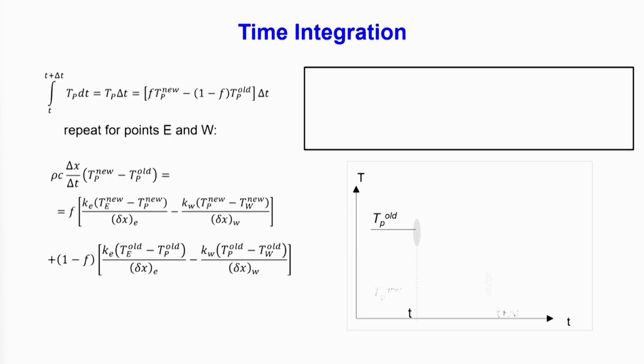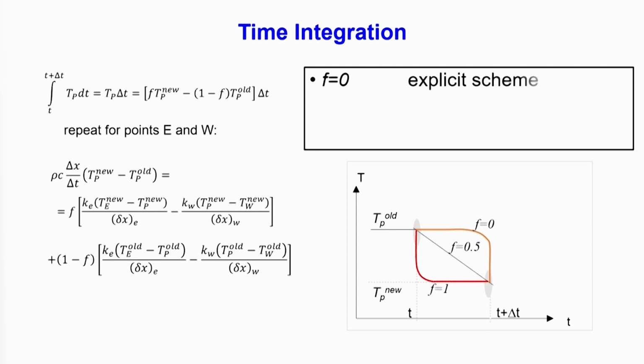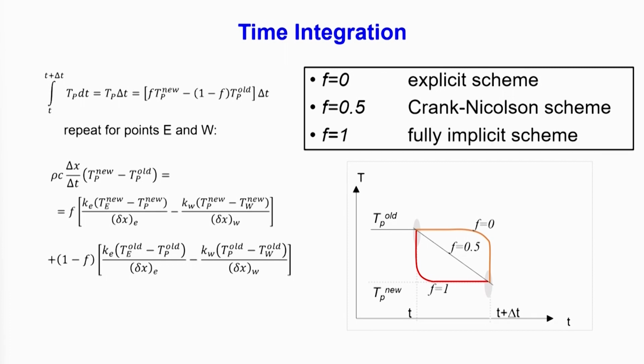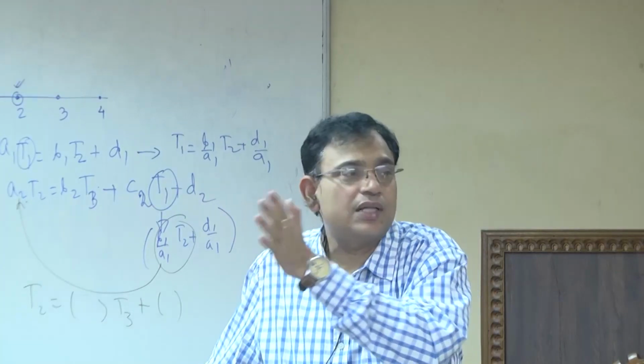This is what we call time integration. When you have a time integration, the outcome is that the temperature at that point will be dependent on the temperature at the beginning of the time step and the temperature at the end of the time step.